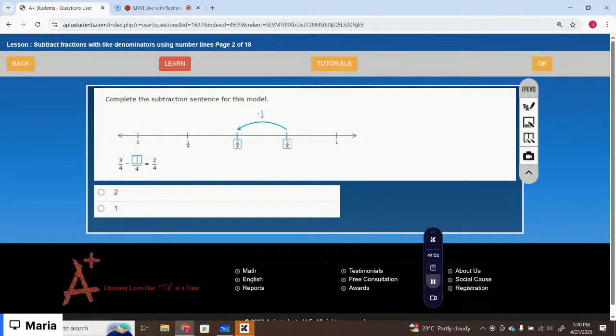So which is the correct option? Option number 2 is the correct option because 3 take away 1 is 2.